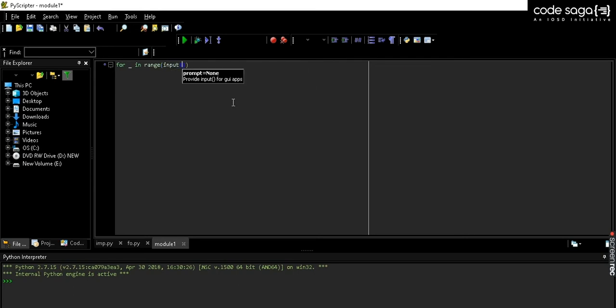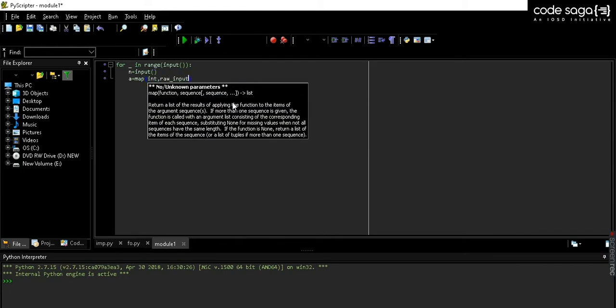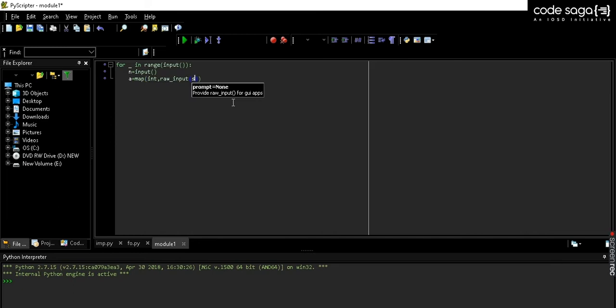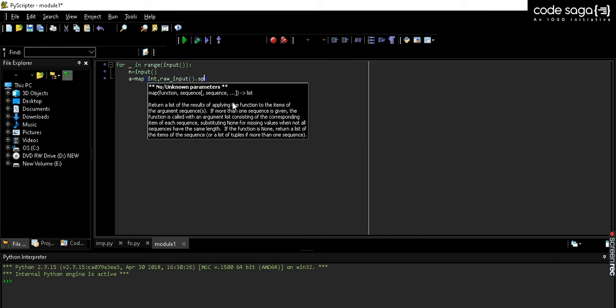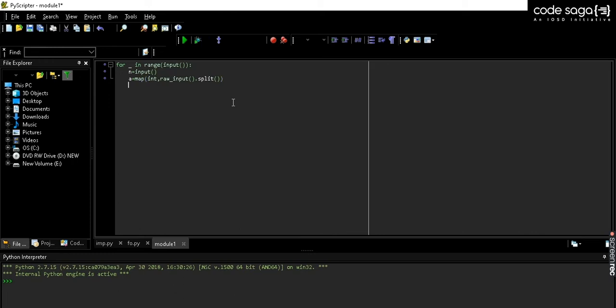So first, this is the loop for the test cases. Then I'll take n as input, that is the number of integers in the array. Then I will take that array or list as input. Then I will initialize a list, which is basically a vector in C++, as an empty one, and then I will run a loop for n over a.